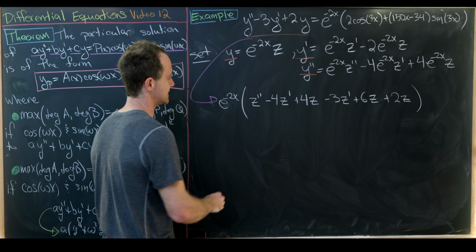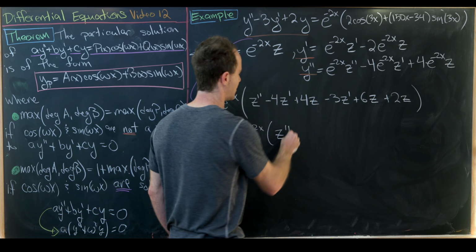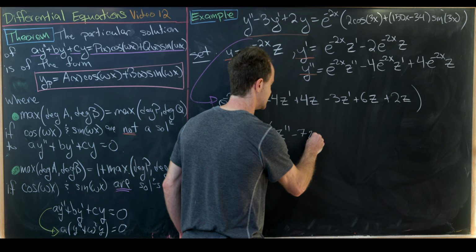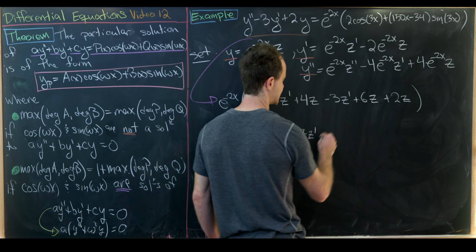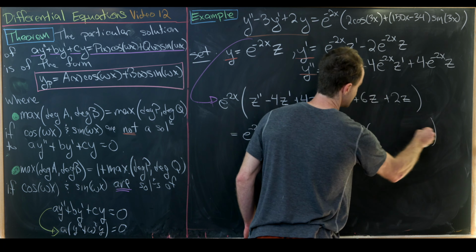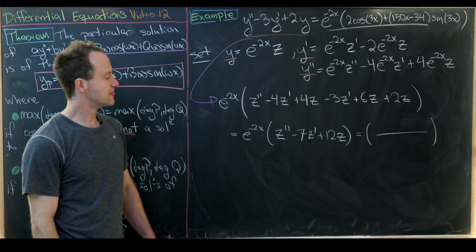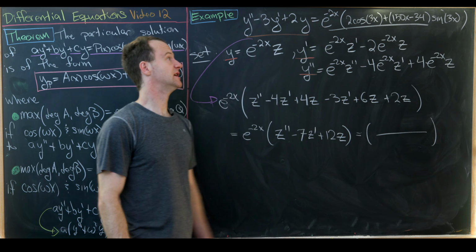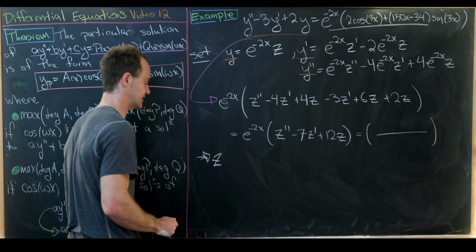Okay, so that is going to give us e to the minus 2x, and then we'll have z double prime, and then collecting terms, we'll have minus 7z prime. And then 4 plus 2 plus 6 is 12, so plus 12z. And that's equal to the right-hand side of our differential equation. But notice we can multiply both sides by e to the 2x, and that'll cancel this exponential, leaving us with a differential equation for z.